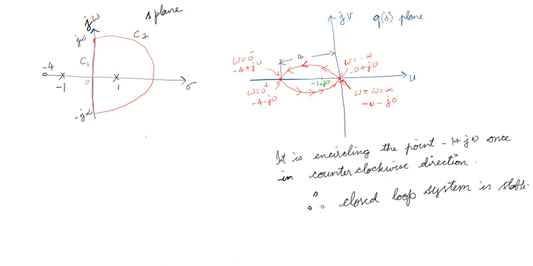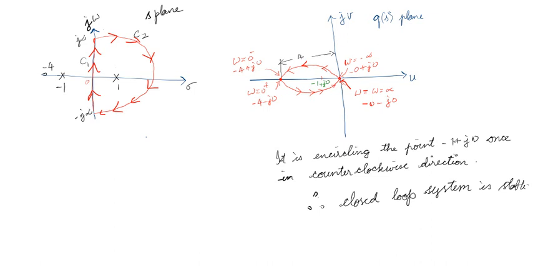What should be the direction? This is the contour, right? I am assuming the contour is in the clockwise direction. I am putting an arrow, please observe. It is in the clockwise direction. Then only it can encircle.